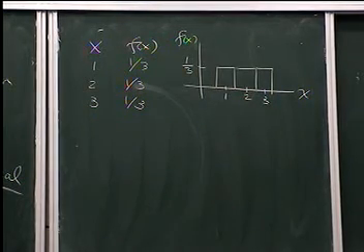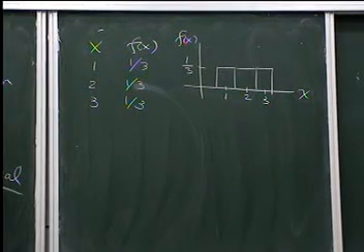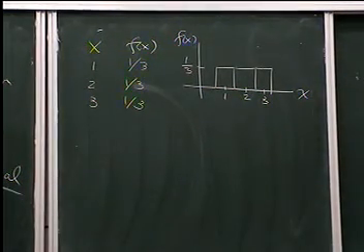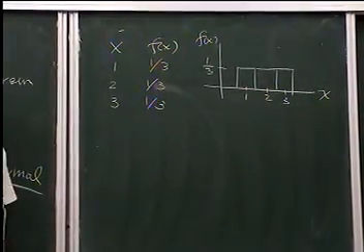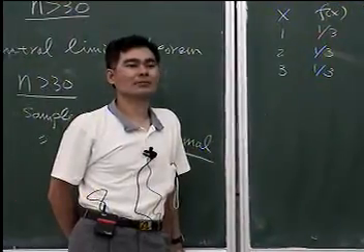But now we want to choose two samples, okay, with replacement, okay? We take one from this and put it back again, and then take one more and put it back again. So it is sampling with replacement, okay? Then how many possibilities do we have?